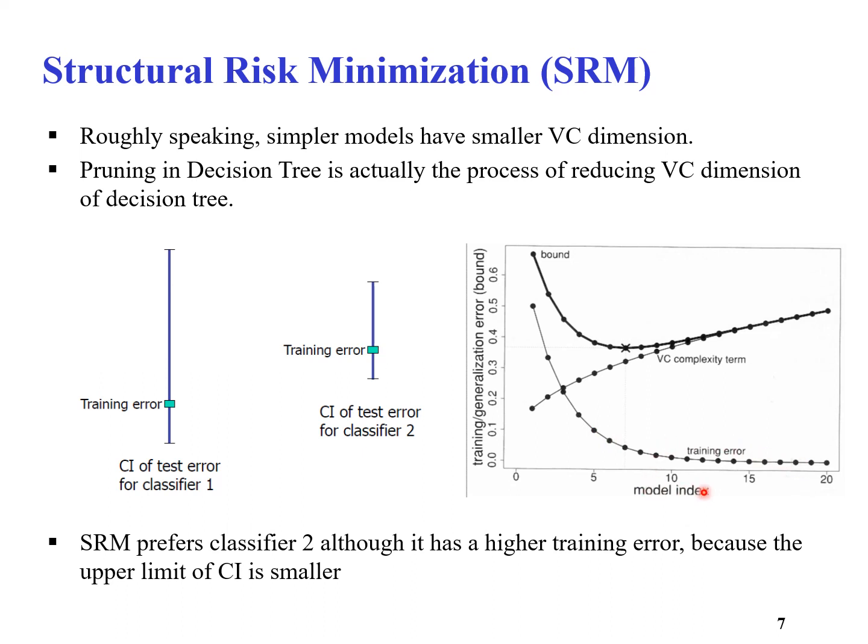And as the Bayesian dimension increases, of course, the complexity term, the regularization term, increases like this. So based on SRM, you have to minimize both of these terms. You have to minimize training error and at the same time this complexity term. When you train a classifier, you have to minimize these two terms simultaneously.